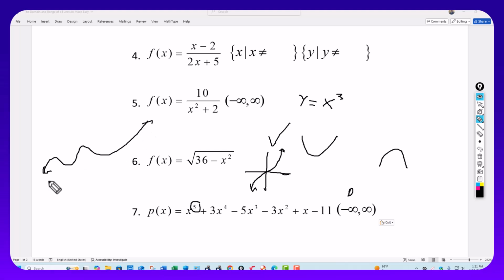So as long as it's odd degree, 3, 5, 7, 9, the range will also be all real numbers. That's the shortcut for polynomials. For any polynomial, the domain is all real numbers, minus infinity to infinity. But if it's odd degree, the range is also all real numbers. Okay, so those are your tips for that one.